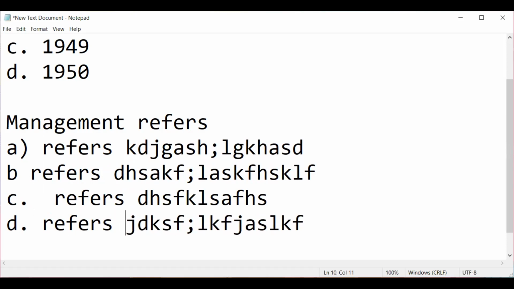Now tell me what is happening here. I have prefixed the word refers to my options. See, this is misleading the students. He will think that all the four definitions are management definitions only. We call this the STEM.